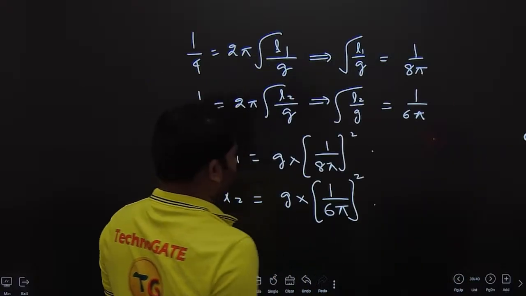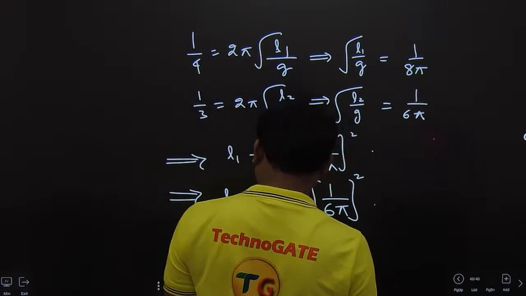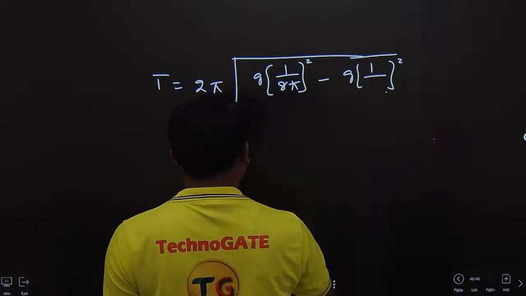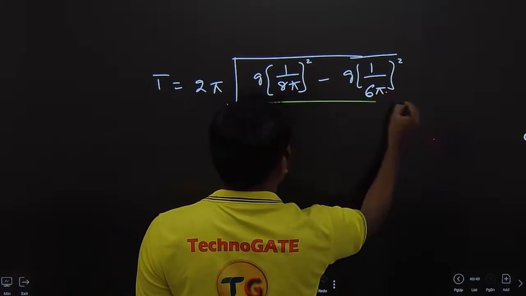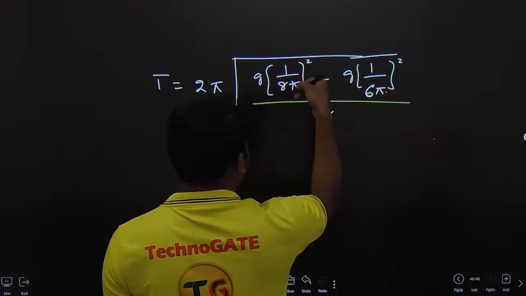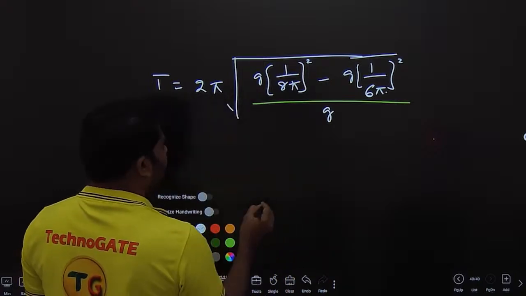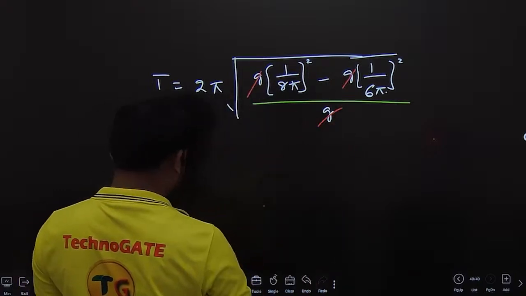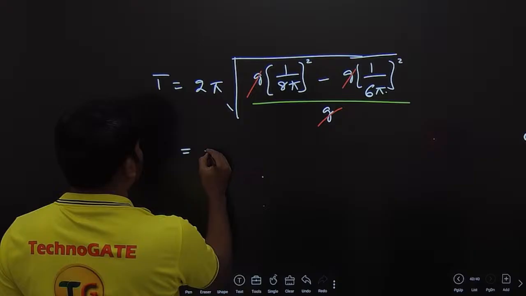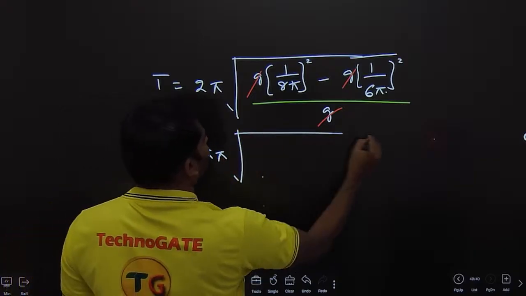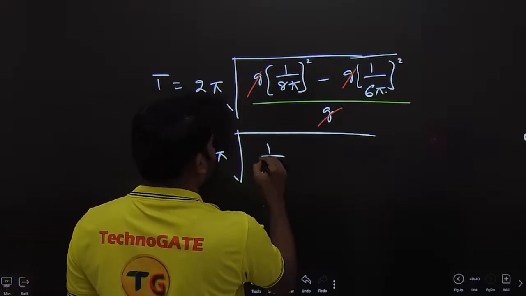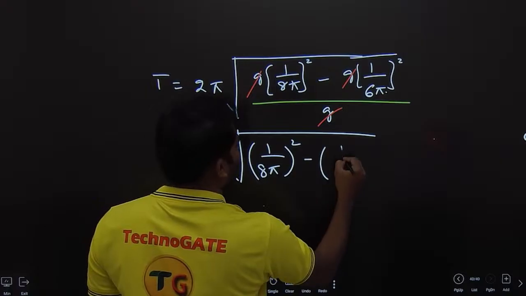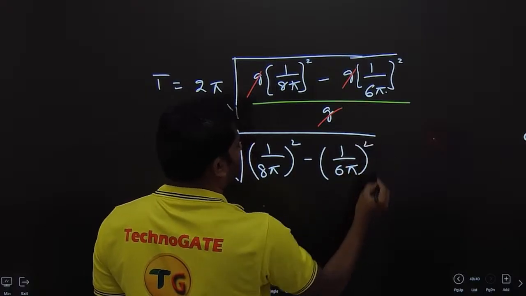It's not 4 pi, it is 6 pi. Whole divided by G, since the time period is 2 pi under root L by G. Simplify this, G is gone. So this comes out to be 2 pi square root of 1 by 8 pi whole square minus 1 by 6 pi whole square.